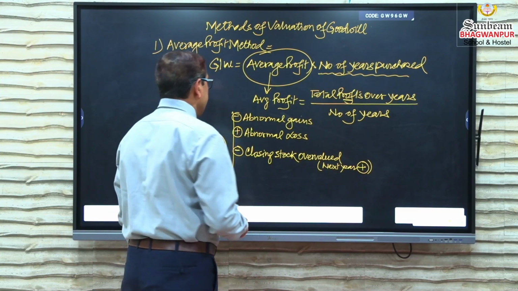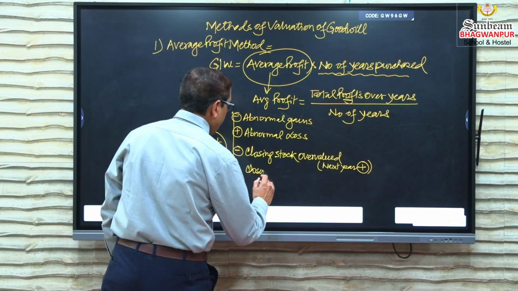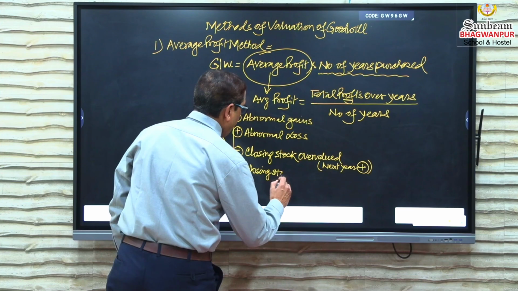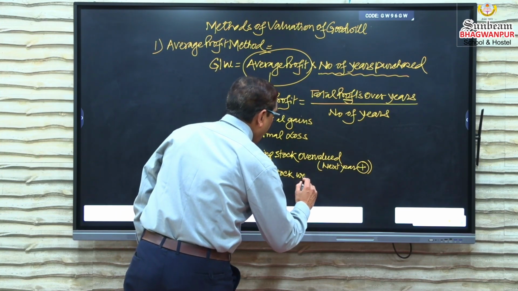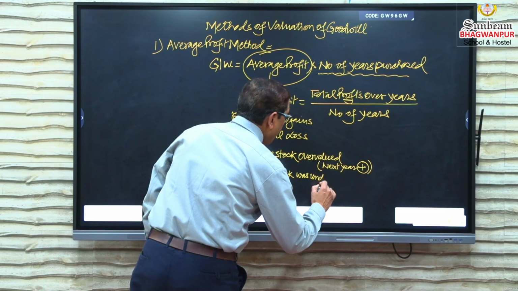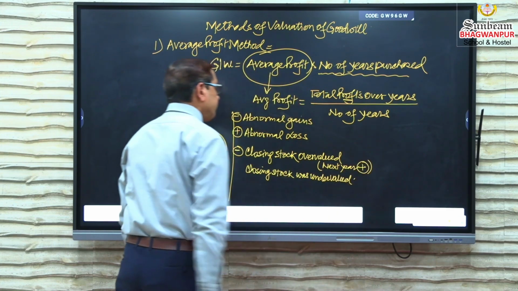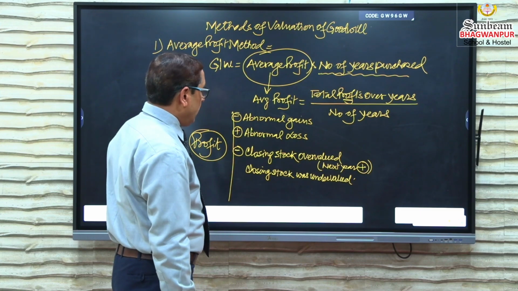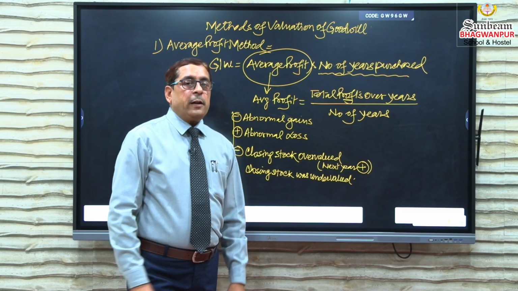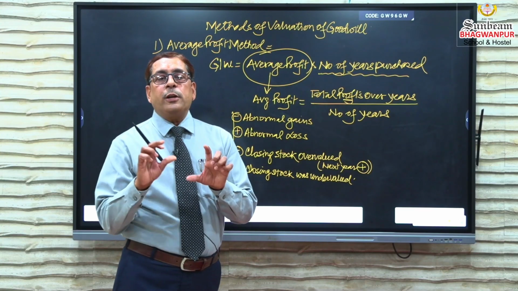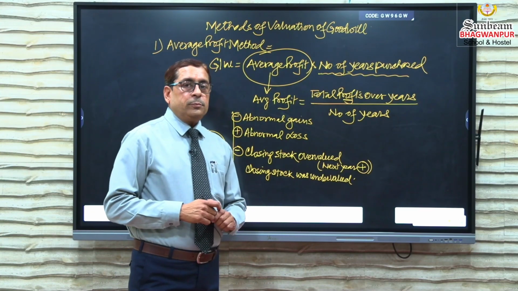Take the reverse case. If closing stock was undervalued, think over it. Closing stock was undervalued. At the credit of trading account, you have written closing stock, and that was undervalued.